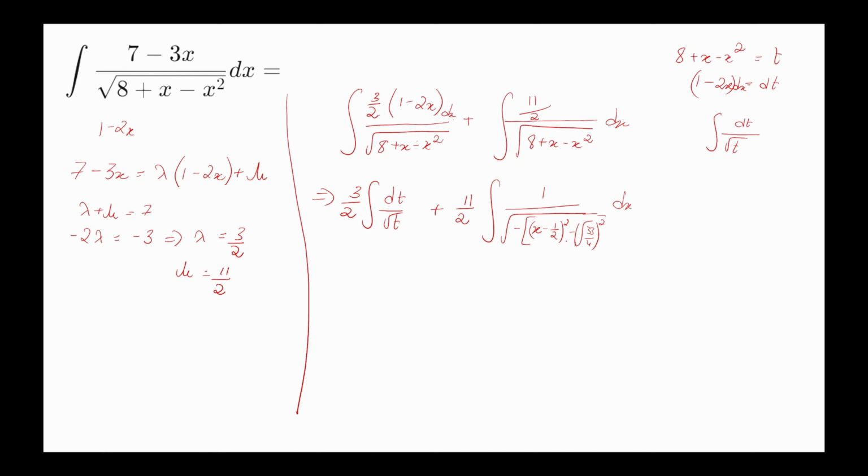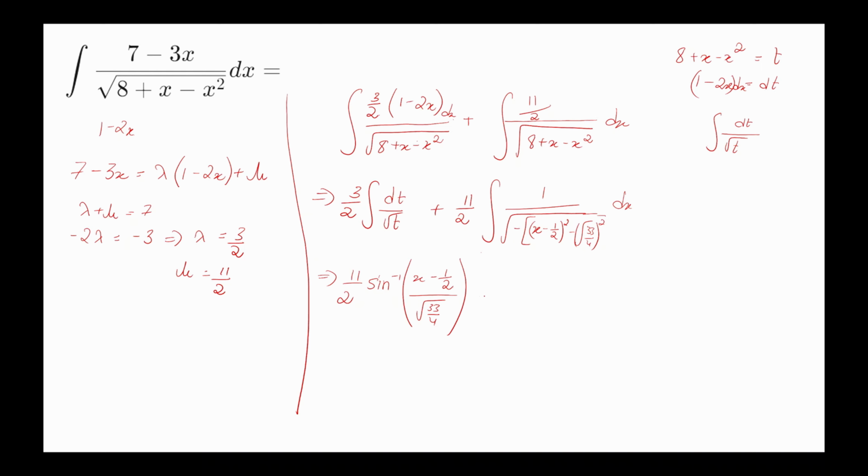If I find its integration as per the formula that we had studied, what would our final answer become? 11 by 2 sine inverse of (x minus half) upon root under 33 by 4. This is what I'm going to get from the first function.